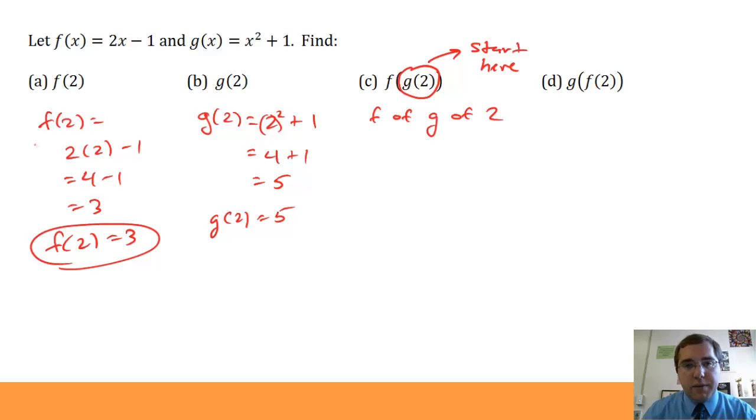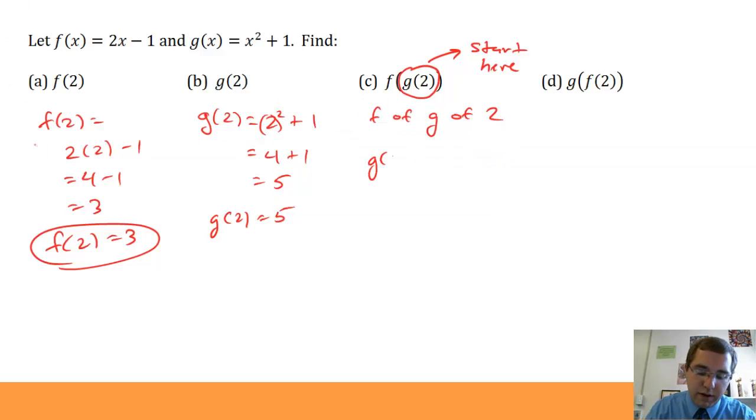It's like a machine where it's taking 2 as its input, performing g on it, and whatever it gets out from that, it's taking into f and performing f on it. So first we do g of 2, and we already know g of 2 equals 5. So it takes that value that we get out of g and plugs it into f. So that means we need to take f of 5.